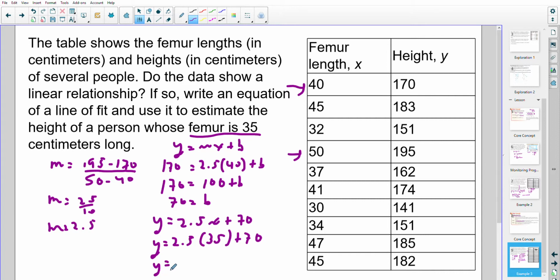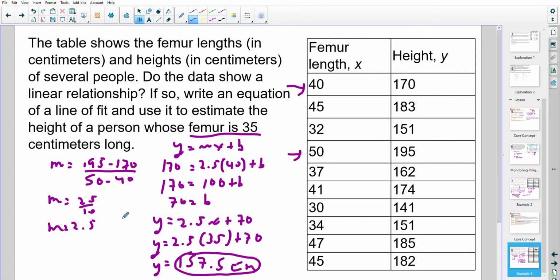Plugging that into the calculator, you end up with 157.5, and that's going to be centimeters tall, approximately. So this is a prediction of how tall the person's going to be based on their femur length, based on all of this information.